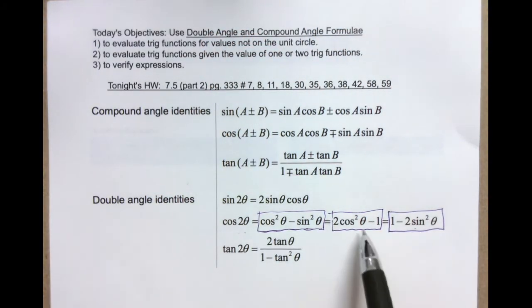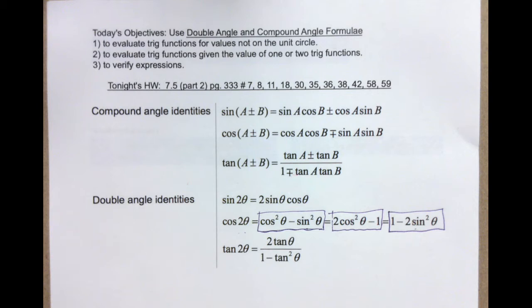So when you look on your formula booklet and it says cosine of 2 theta, and you're like, well, which one do I use? Well, it depends on what you know and what you need to know. Or if you're doing a proof, it kind of depends on what the final product needs to be.